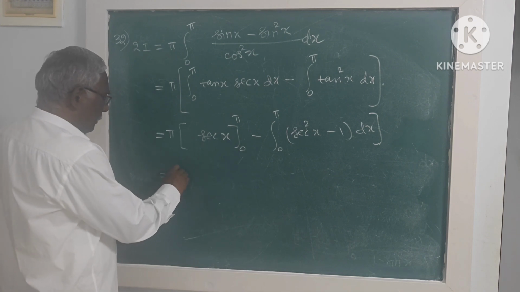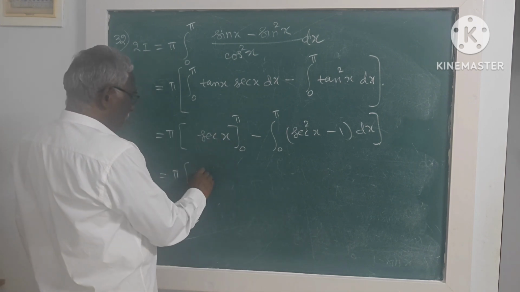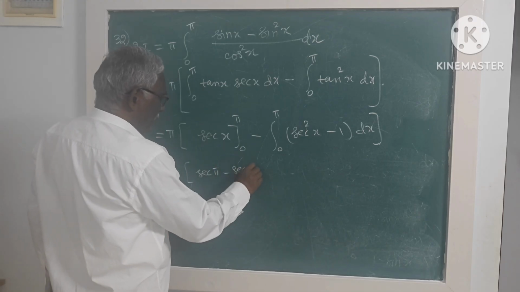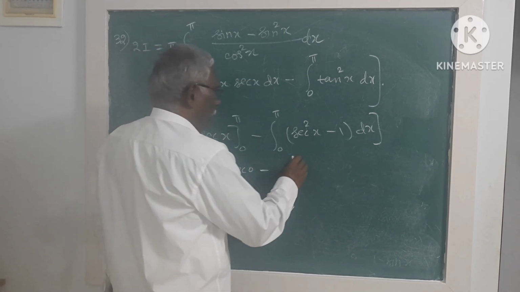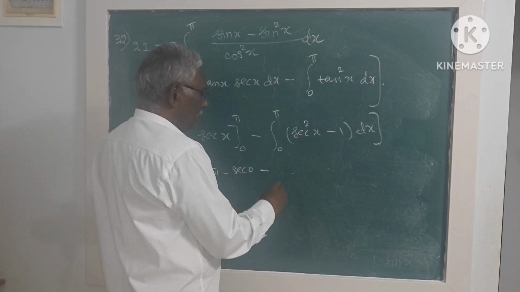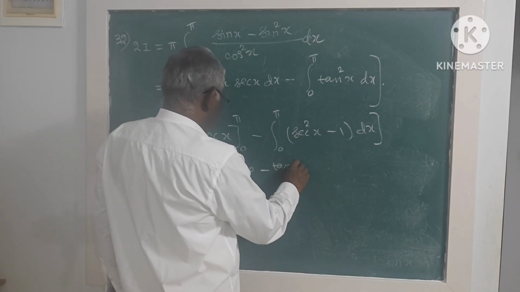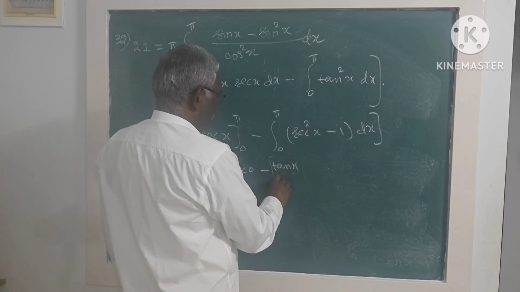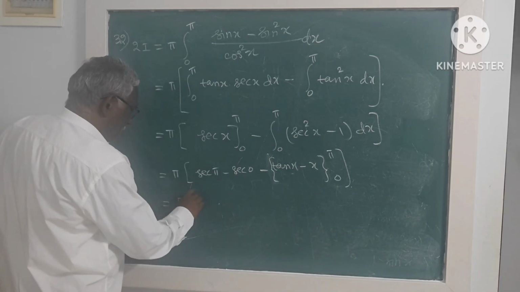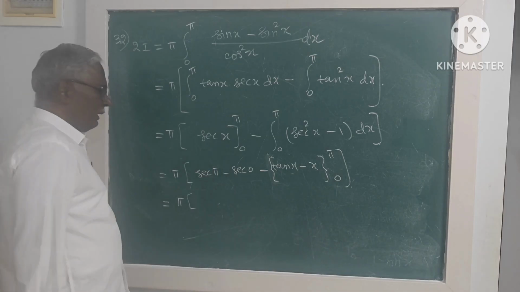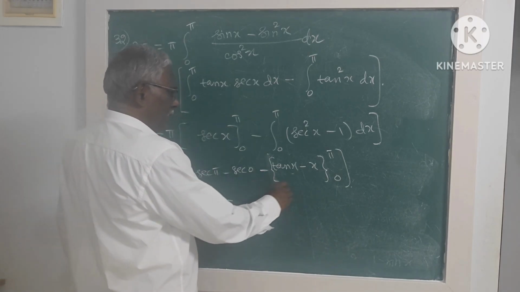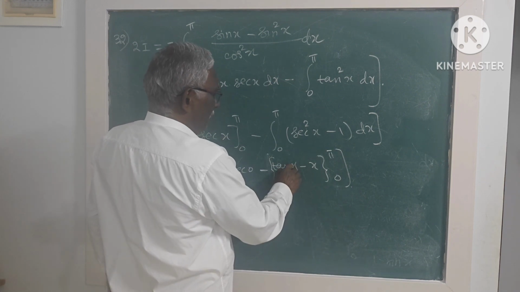This will be pi into secant pi minus secant 0, minus of, if we integrate secant square x, we'll get tan x. So this will be pi, cos 180 is minus 1, so minus 1 minus 1, minus of tan 180 which is 0.